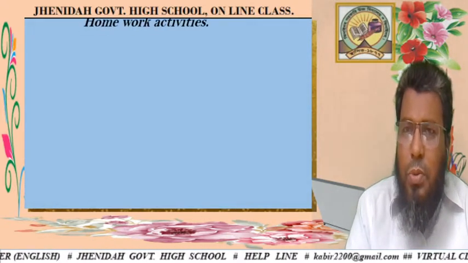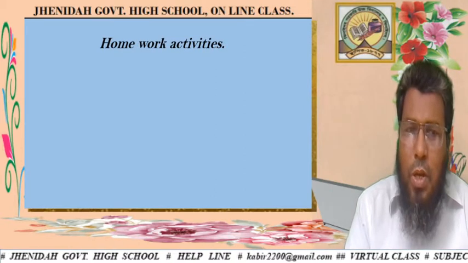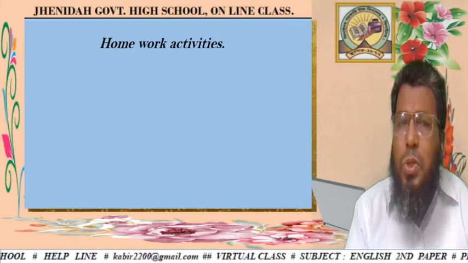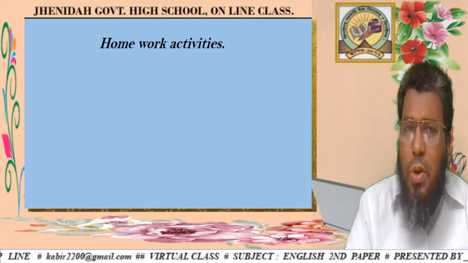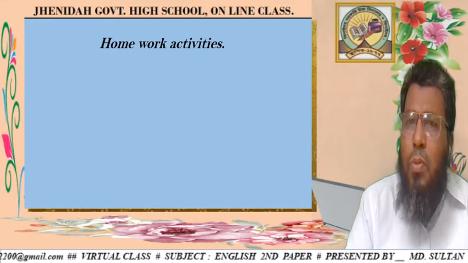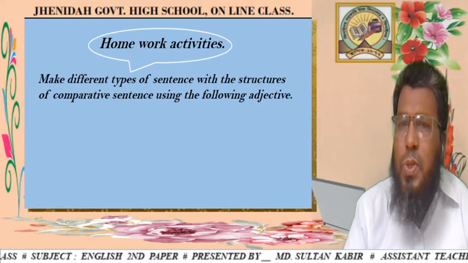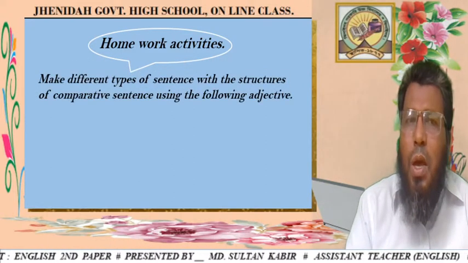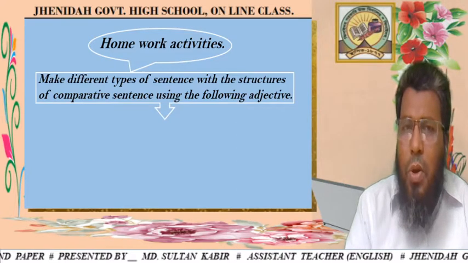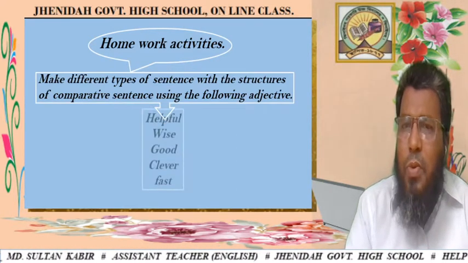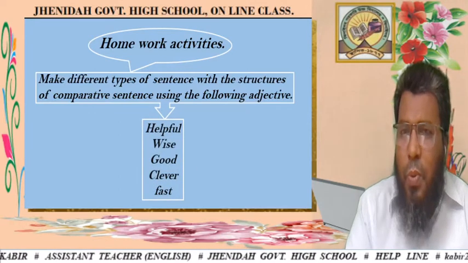Now, this is the time for your homework. You should remember all four structures, and by following them, you will make different types of sentences using the adjectives given here. Now, quickly copy all the adjectives in your exercise book.